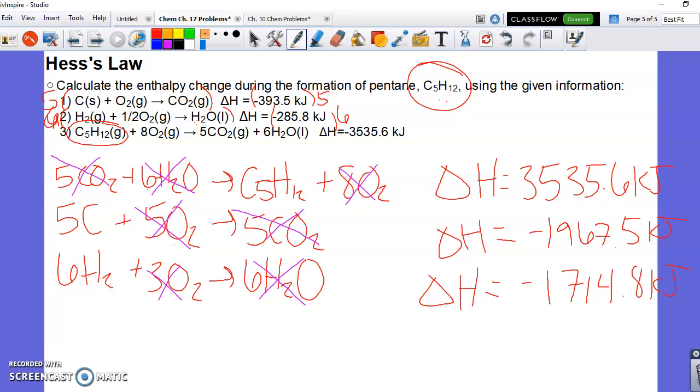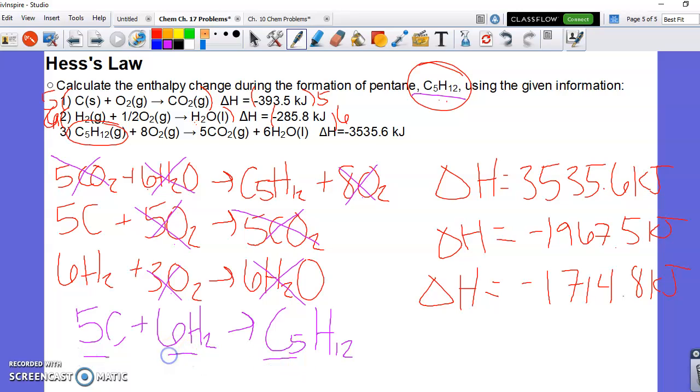So if I write what I have left, 5 carbon plus 6 hydrogens yields C5H12. Okay, I can go back and check. I was supposed to form pentane. I formed pentane. And then I also want to check and make sure my equation is balanced. So I have 5 carbons over here. I have 5 carbons over here. I have 12 hydrogens there.